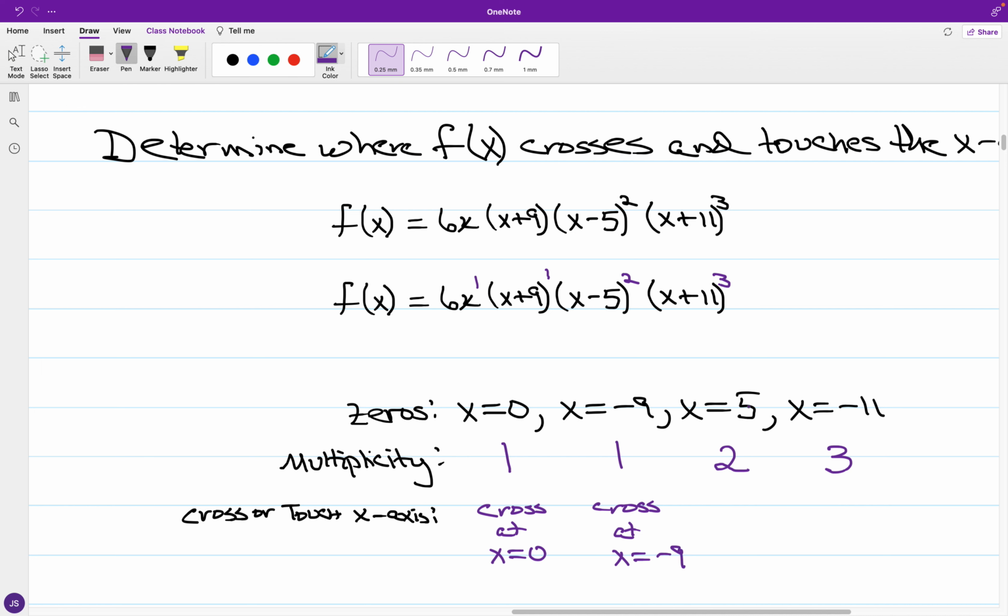And now 5 has a multiplicity of 2, so at x equal to 5, the graph is going to touch. And negative 11 with a multiplicity of 3, again, the graph is going to cross at x is equal to negative 11.